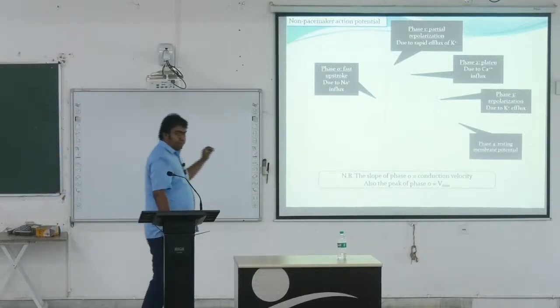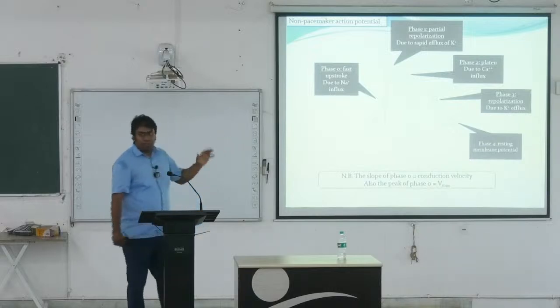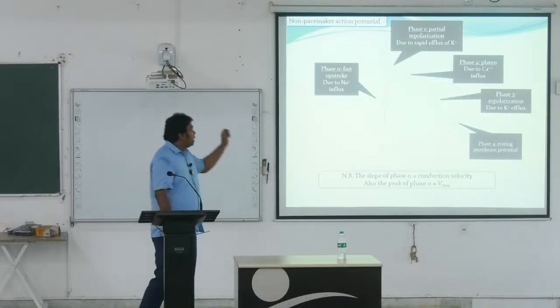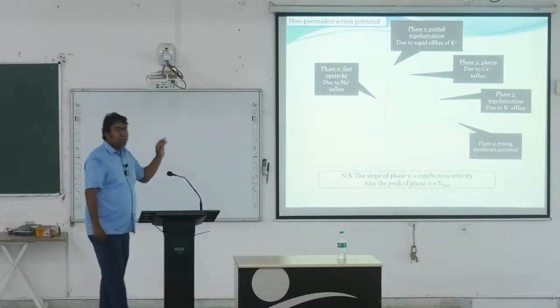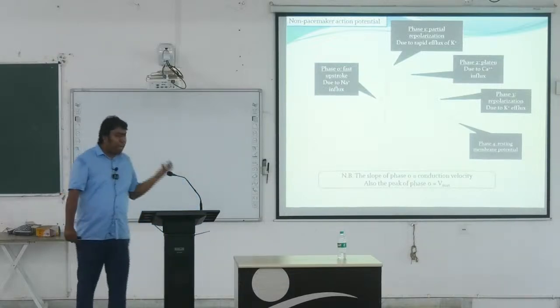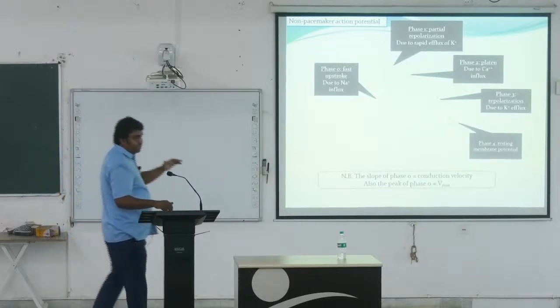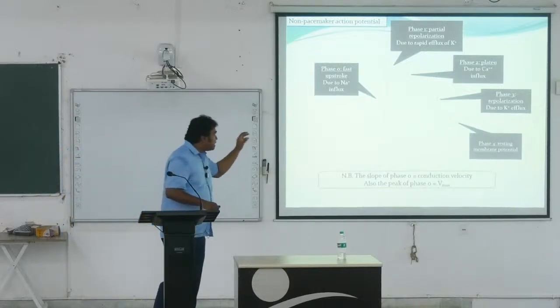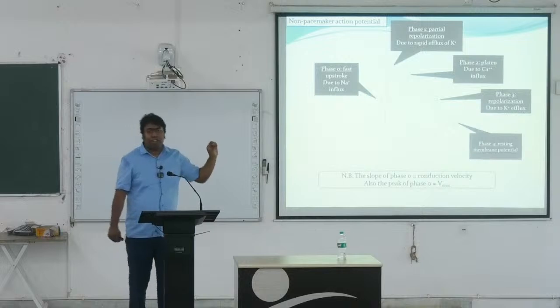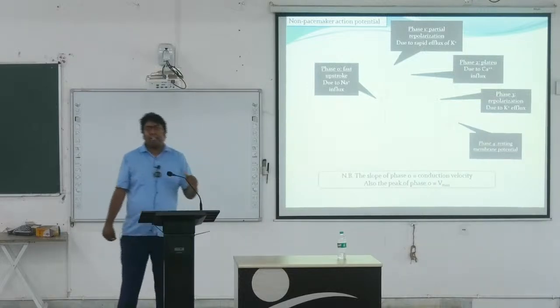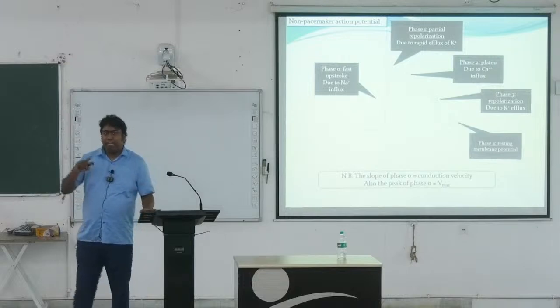Influx of sodium leads to a sharp rise in phase 0. In phase 1, there is a partial repolarization due to efflux of potassium, followed by a plateau phase. In the plateau phase, there is an influx of calcium, followed by a repolarization phase due to potassium efflux.